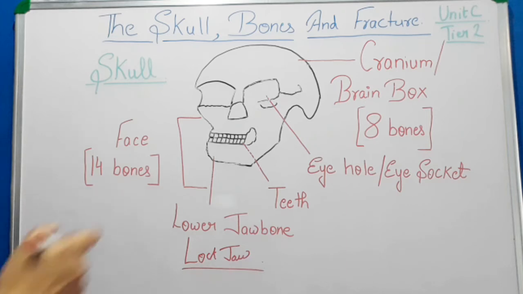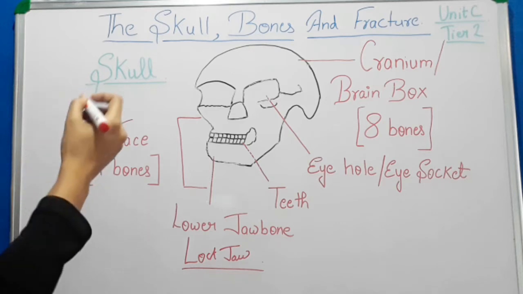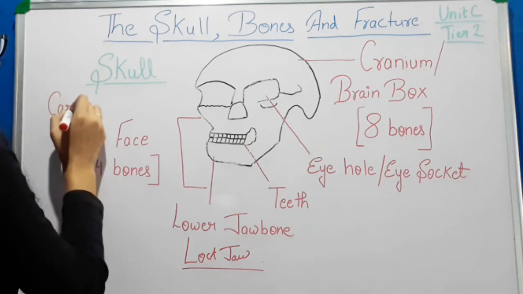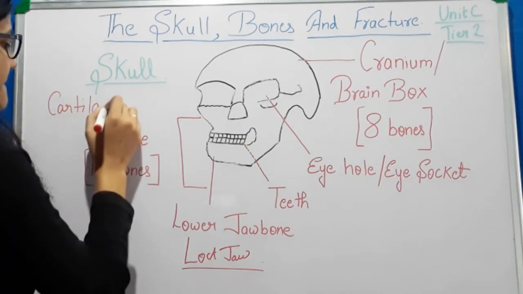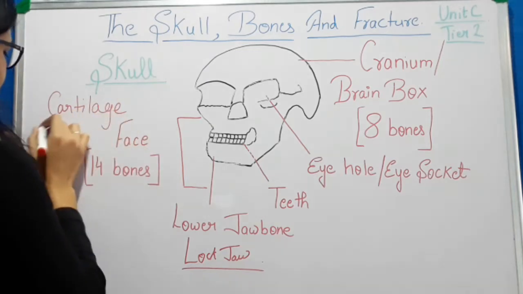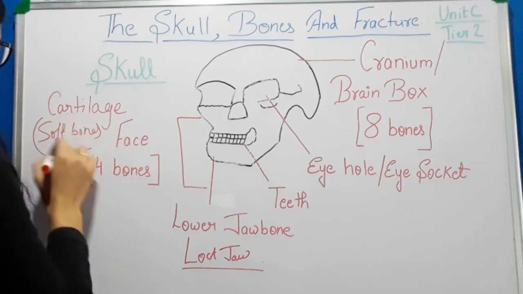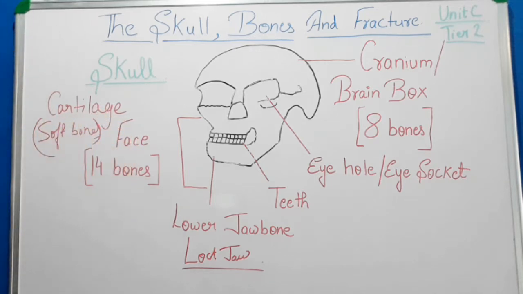Cartilage are the soft bones, and these cartilage rot faster than all the hard bones.